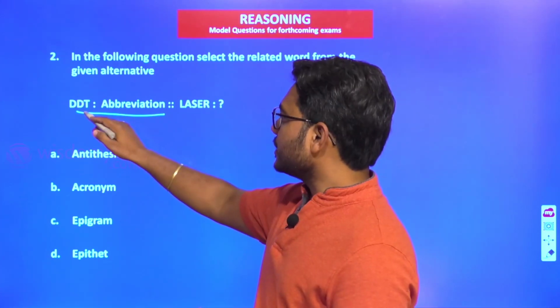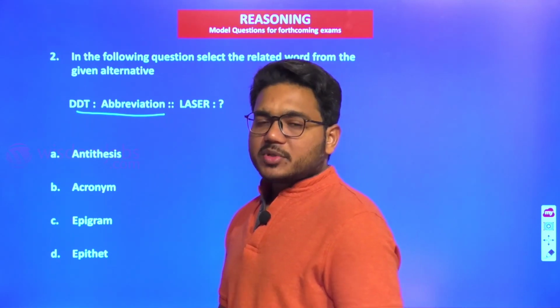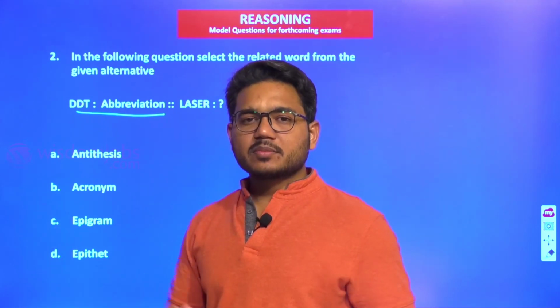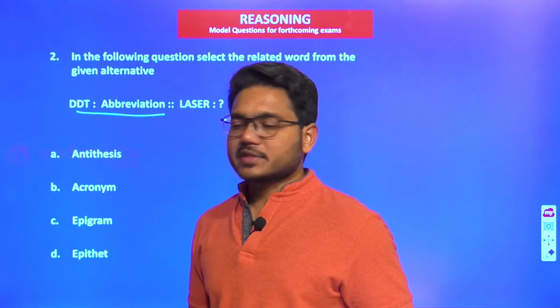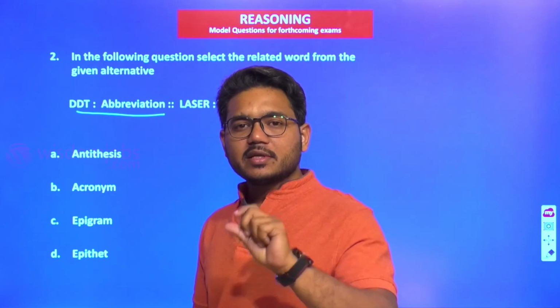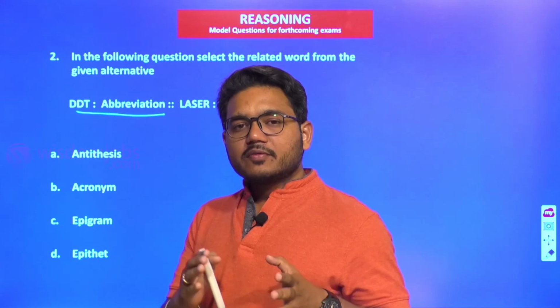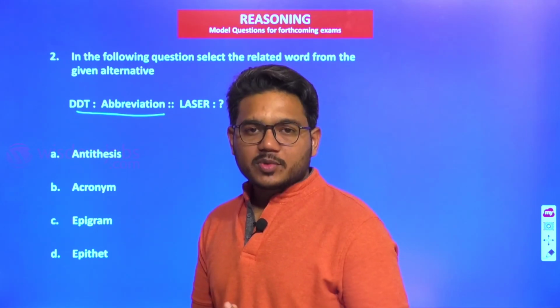The first set has DDT, which is nothing but an abbreviation of something. It has got some expansion, obviously. Capital letters are given. Whatever the initial letters are, we have taken out and grouped them together. It is called an abbreviation.